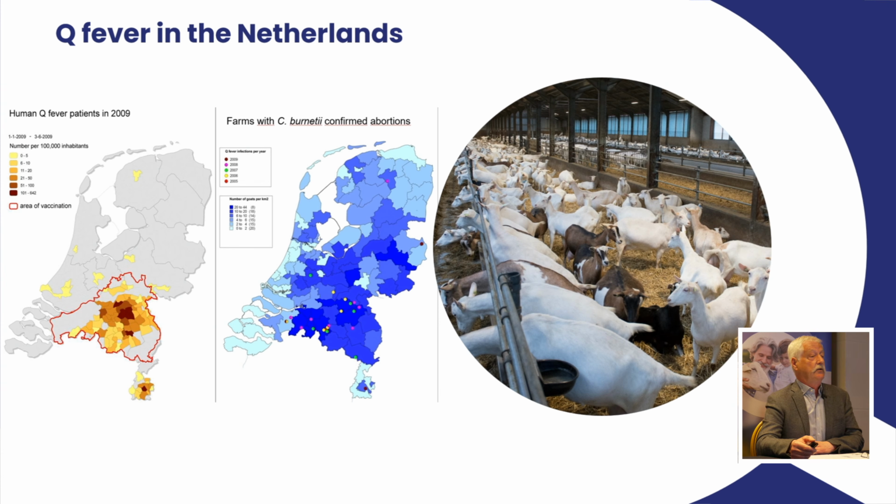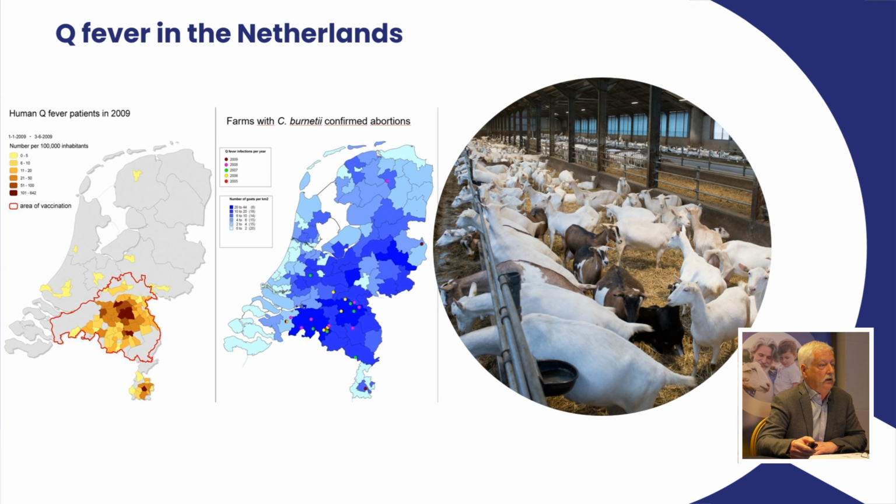And if you look at the map, you see different spots with different colors indicating the year in which abortion outbreaks have taken place. And if you compare these two maps, you see that the abortion outbreaks and the human patients were more or less located in the same area. Not everywhere.